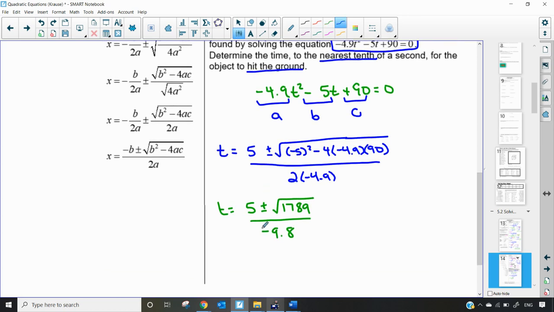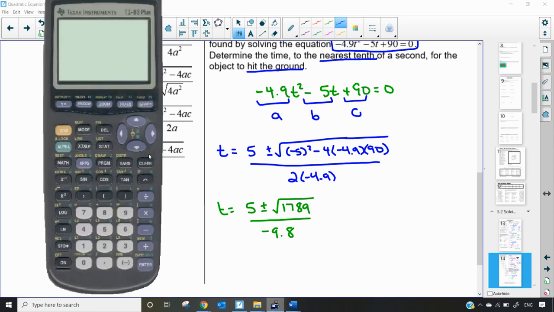Now this doesn't end up breaking down. The root 1789 we won't break down, but whether it did or not, we're being asked for the nearest tenth. So my next step would be to put this into my calculator. So substituting, we'd have 5 plus the square root of 1789, and then divided by negative 9.8.